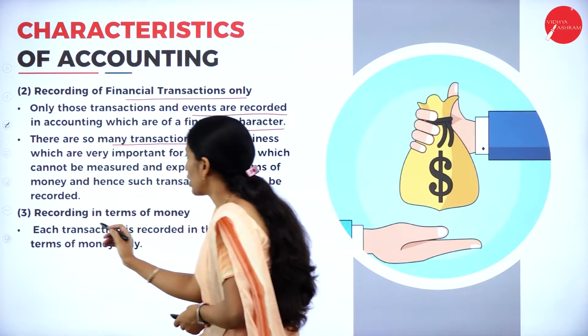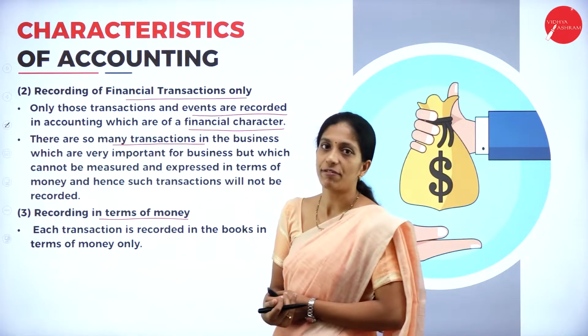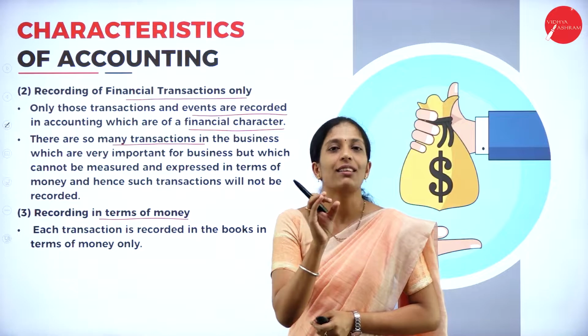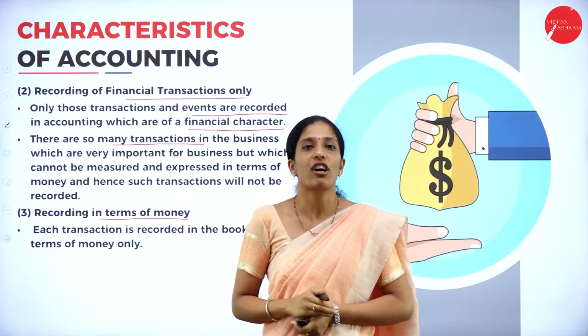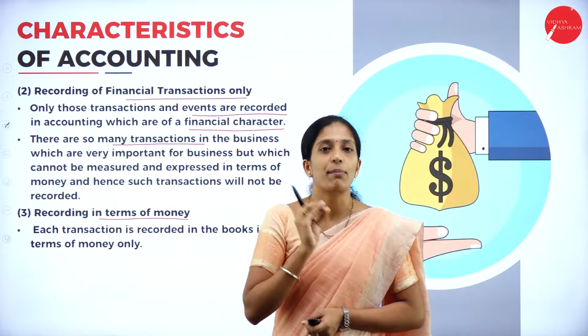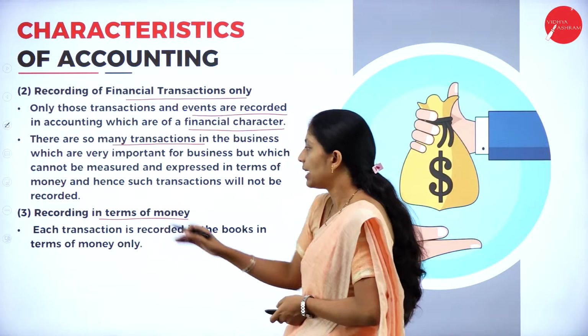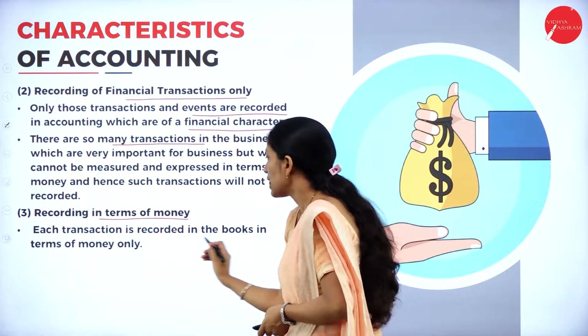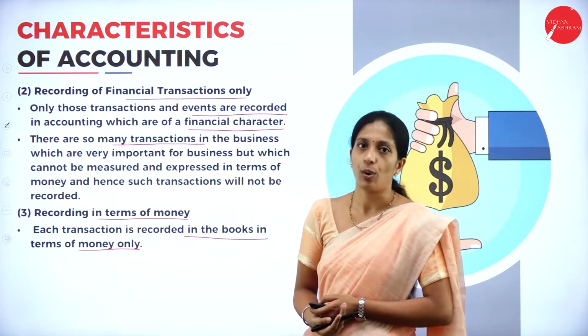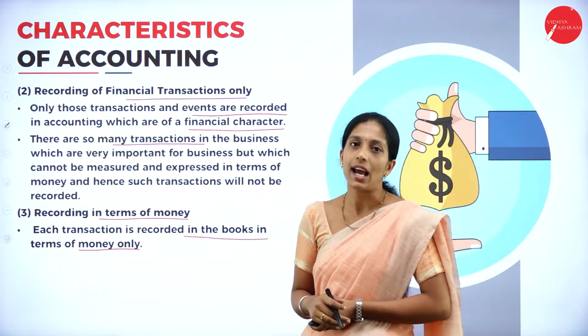Now coming to the third one, recording in terms of money. There is a particular unit to measure the transactions, that is money. So we will record only the transactions which can be measured in terms of money. That is, each transaction is recorded in the books of account in terms of money only. So this is the third characteristic.